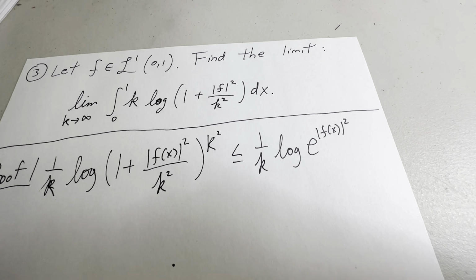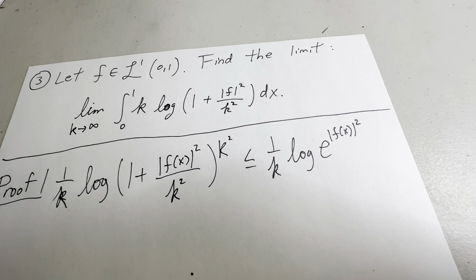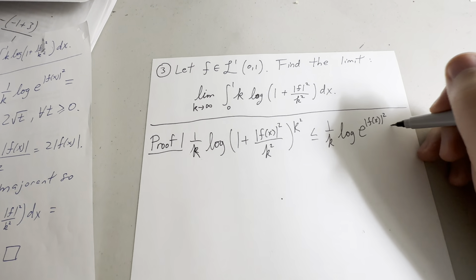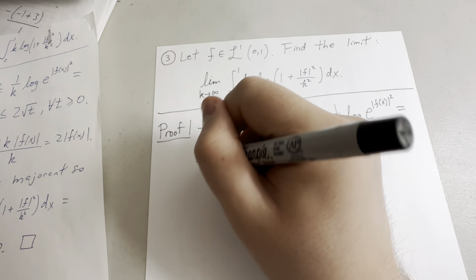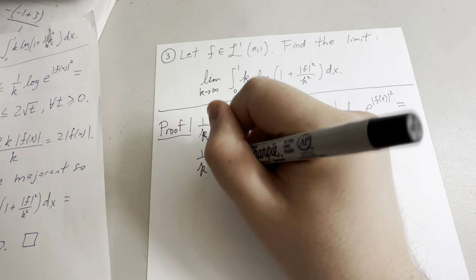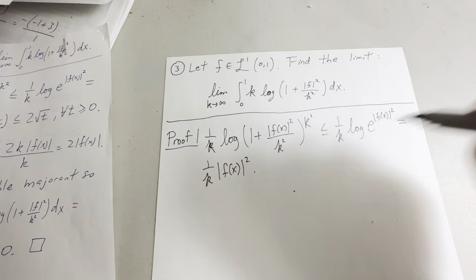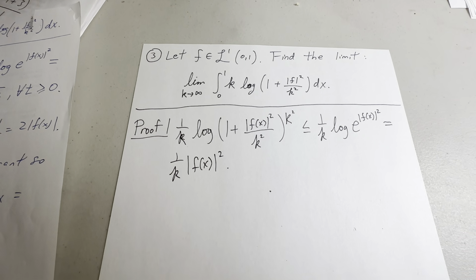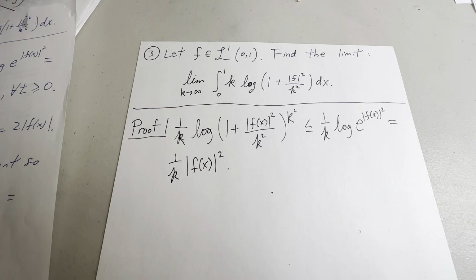And then that reduces, because if you take the logarithm of e, that will disappear, and then the fx squared comes down in front. So this reduces to 1 over k times the absolute value fx squared.